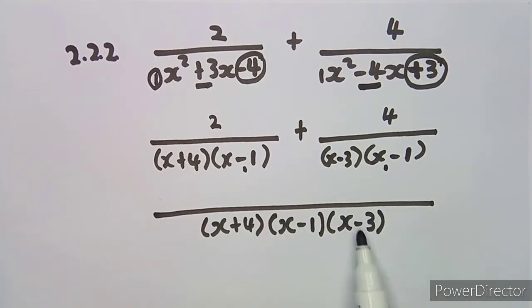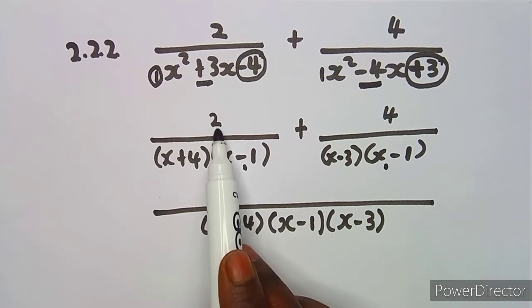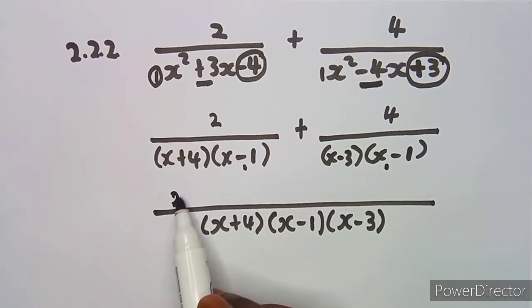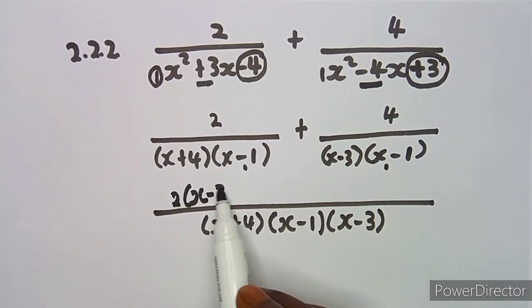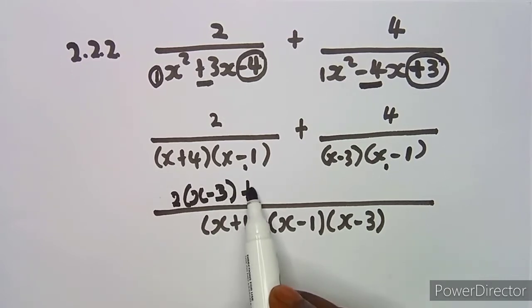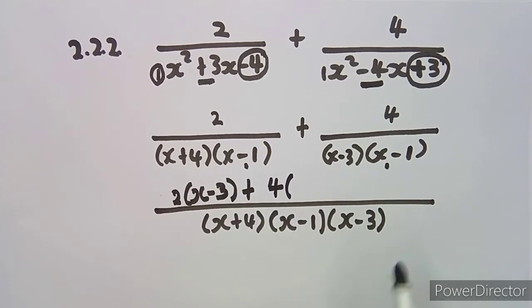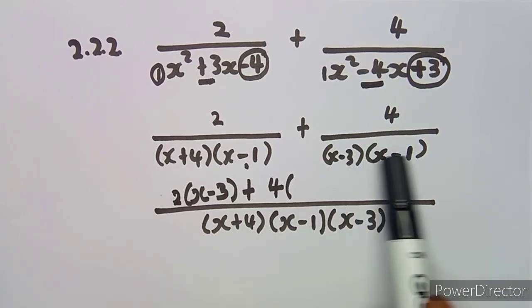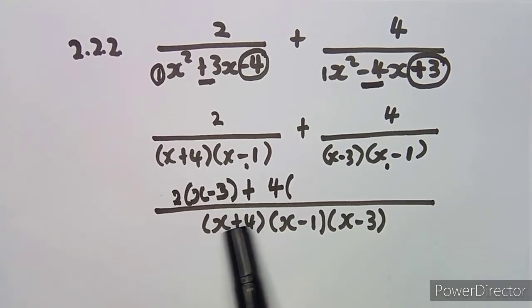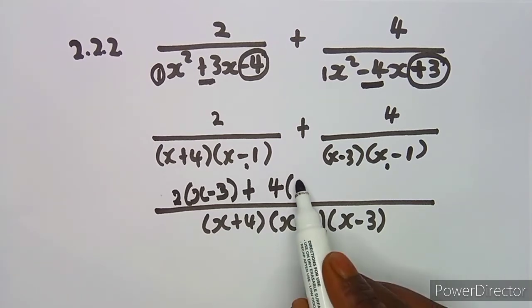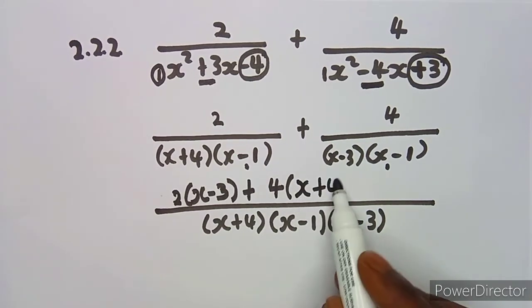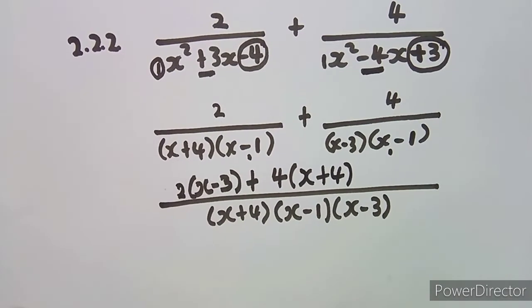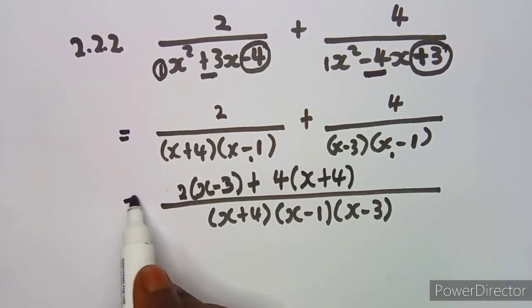So it's going to be 2 into x minus 3 like this, plus 4 multiplied by, as we can see here, x minus 3 will cancel and x minus 1 will cancel. You're going to be left with x plus 4. So you assume as if you are cancelling, but you do not cancel.